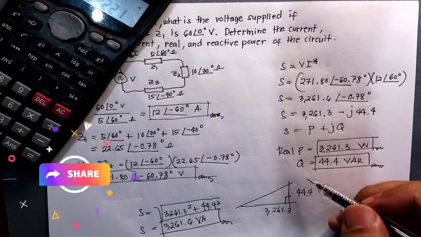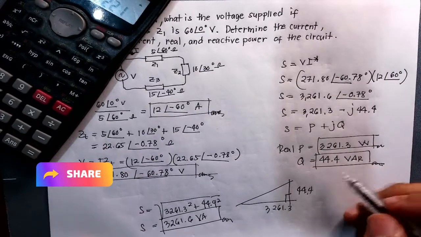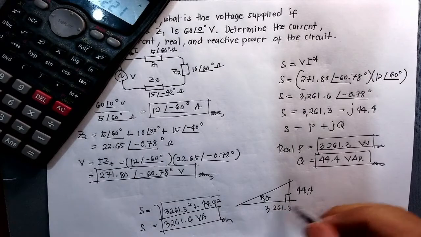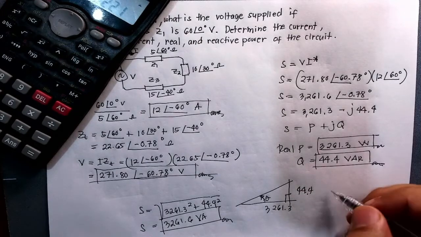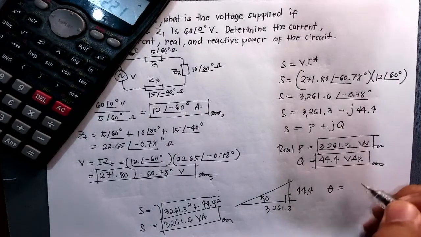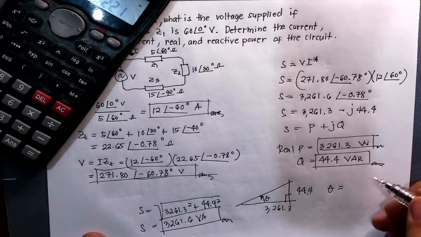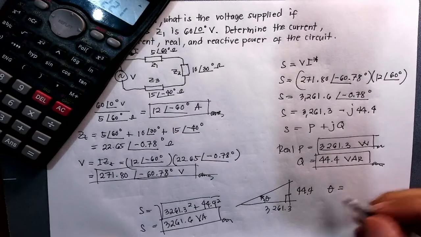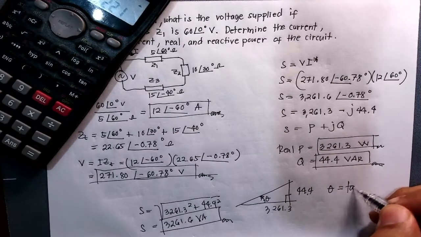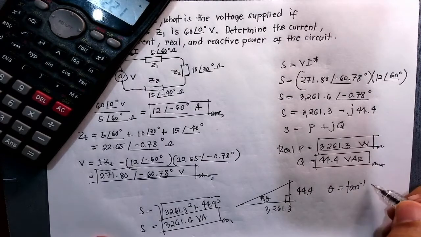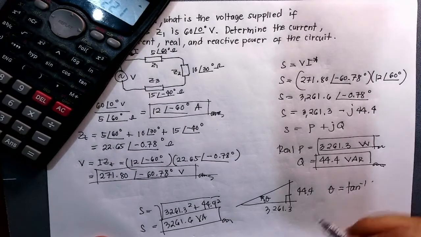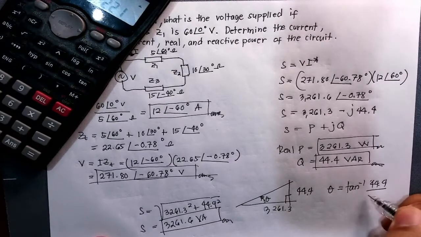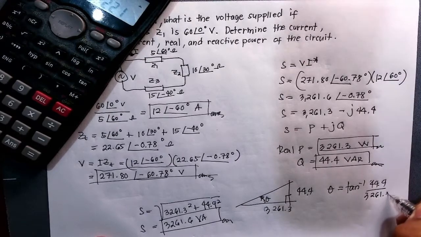By the way, you can also determine the power factor, which is here, theta. So for the theta value, you can apply the inverse tangent of 44.4 over 3261.3.